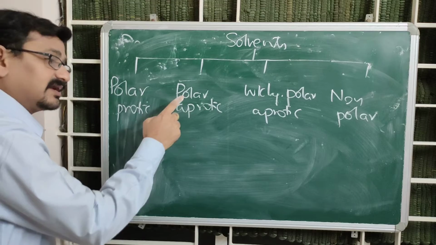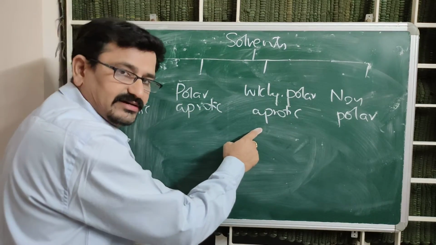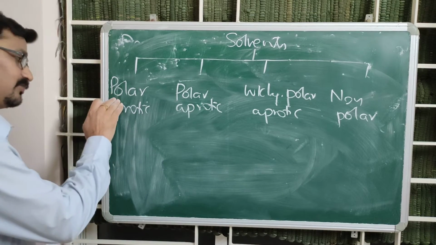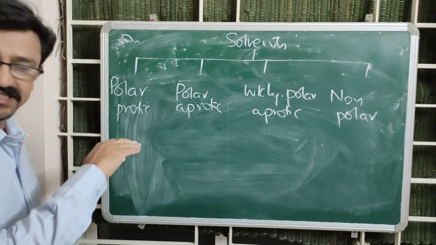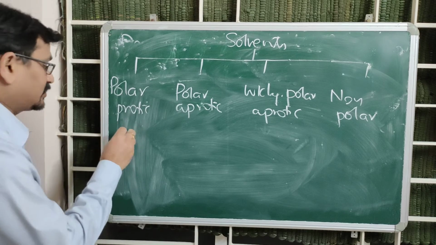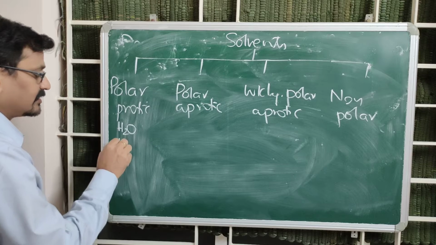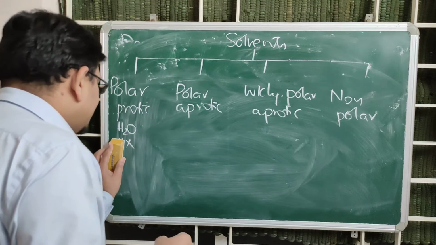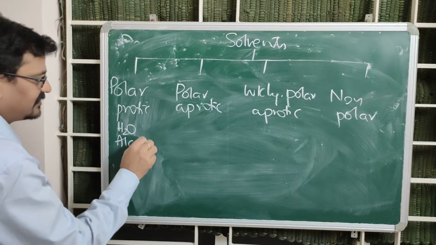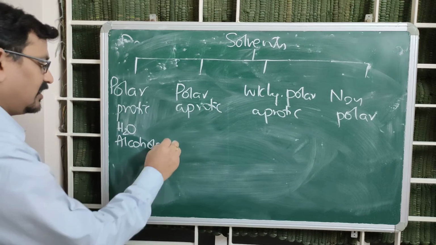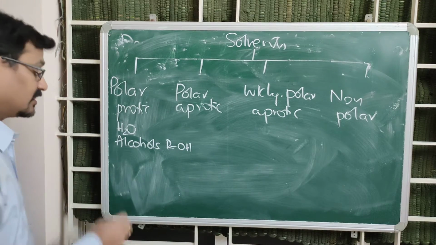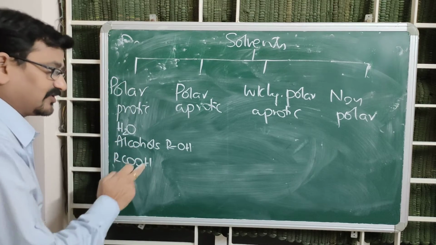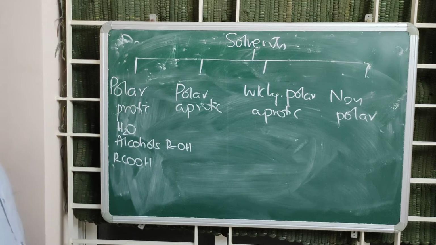Polar protic means solvents which are polar, where bond polarization takes place, and at the same time can generate a proton. For example, H2O, HX, alcohols, carboxylic acids. These are polar substances and can generate a proton. So these are examples of polar protic solvents.